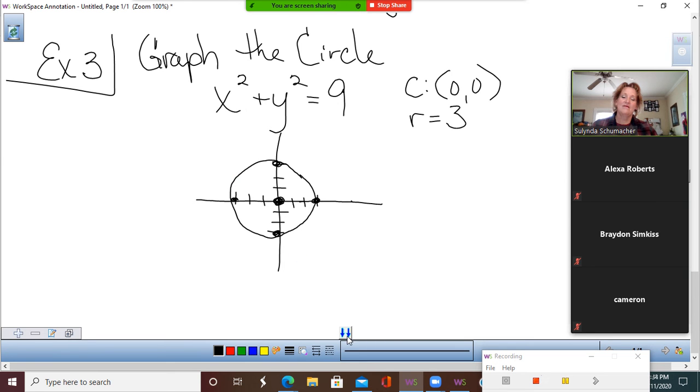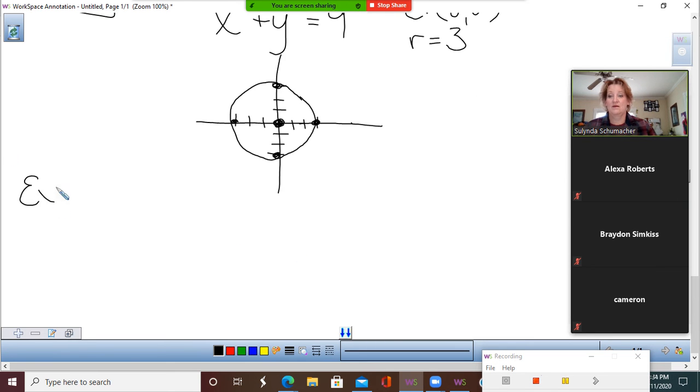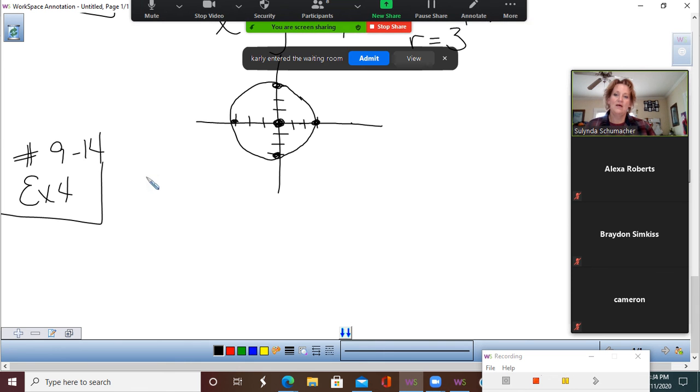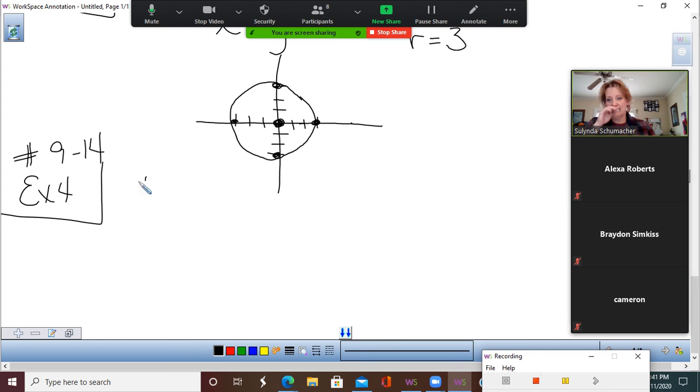So, example number 4. On example number 4, you are going to be graphing numbers 9 through 14. All right, so we're going to graph.